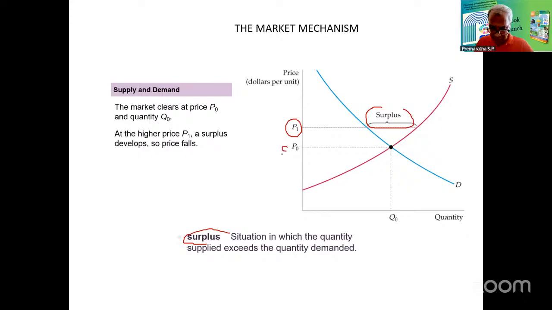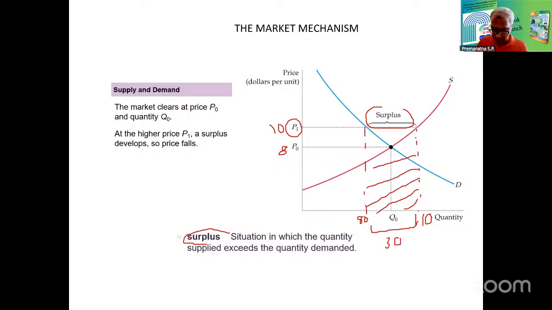Let's say the price is 8 here, and let's say 10 here. It creates a surplus of this amount. If I calculate here 80 and here, let's say, 110, you can say the surplus is 30 units. But look also at the monetary value of that surplus.